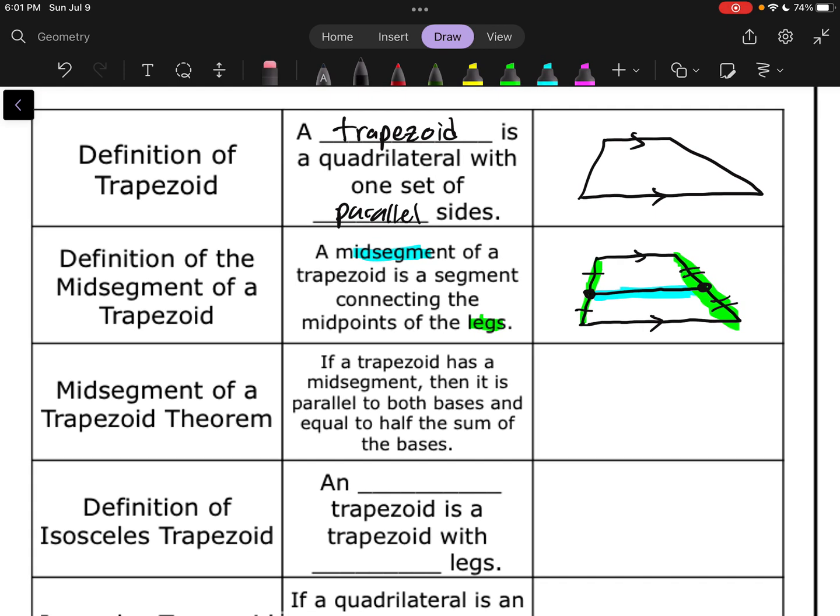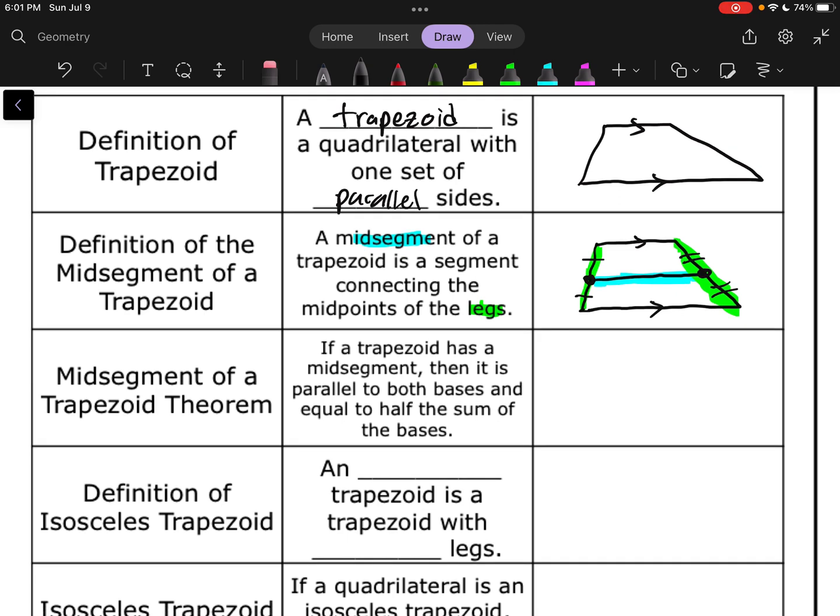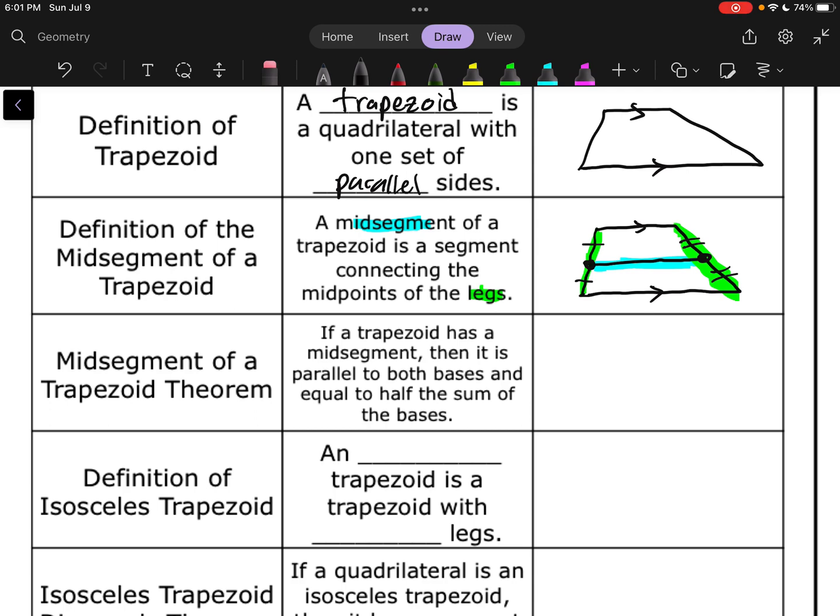Now, what's going on with a mid-segment? Well, if a trapezoid has a mid-segment, then it is parallel to both bases and equal to half the sum of the bases. So let me try to draw it again here. So let's get that mid-segment in there. So here's our mid-segment. And the way that it works is that it is parallel to the bases.